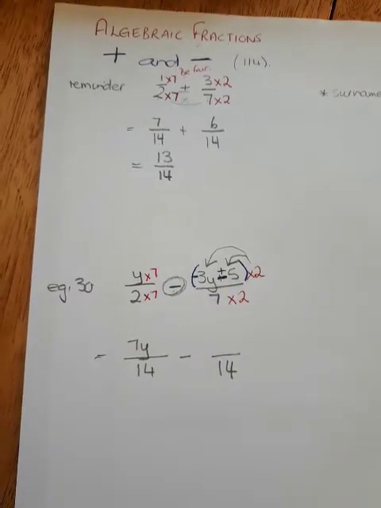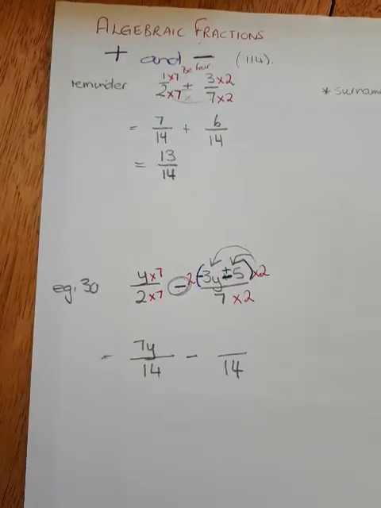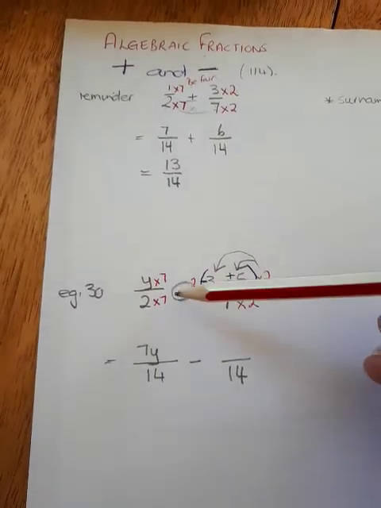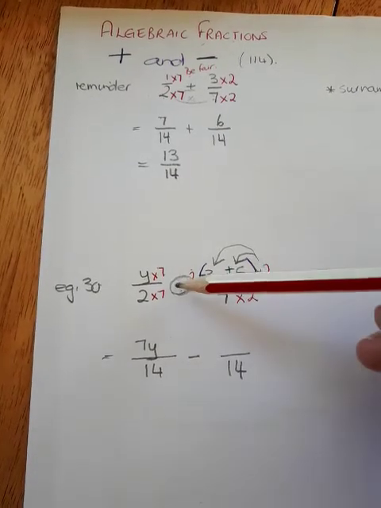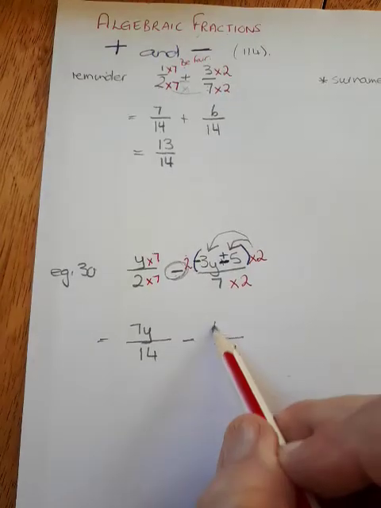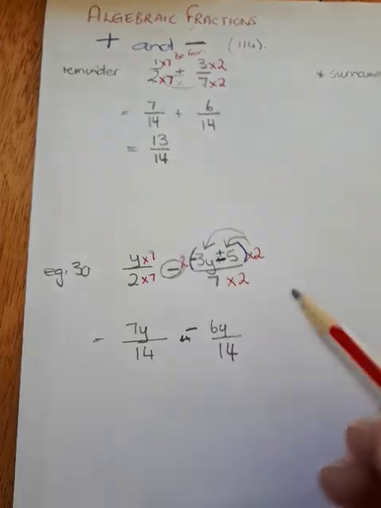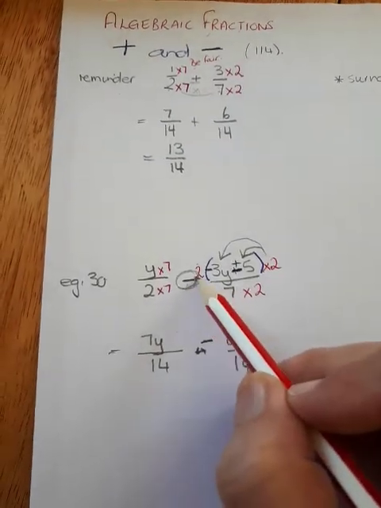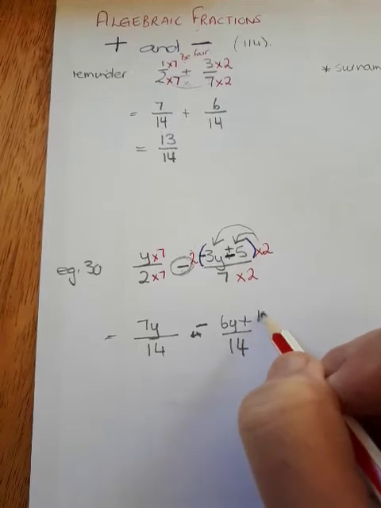Okay, you could also have written the negative 2 here, and then simply multiply negative 2 times positive 3y. Negative 2 times positive 3y gives me negative 6y, and then negative 2 times negative 5 gives me positive 10.